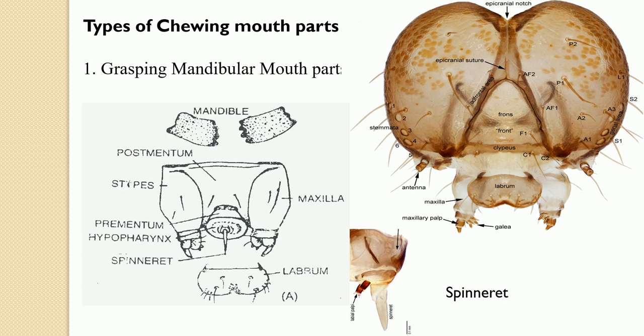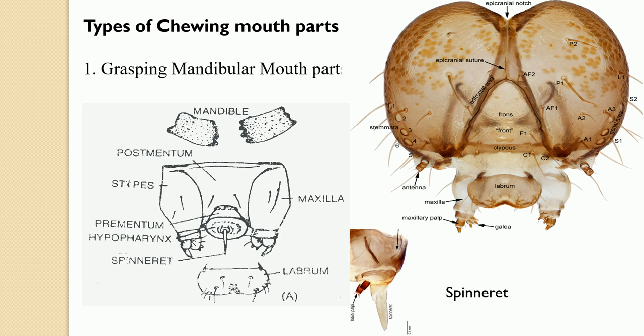Here in this diagram you can see that the wall is somewhat membranous in nature, and the two lateral lobes here represent the maxilla. The median lobe is again formed by the fusion of labium and hypopharynx. So the basal portion is contributed by the labium and the distalmost portion is contributed by the hypopharynx.